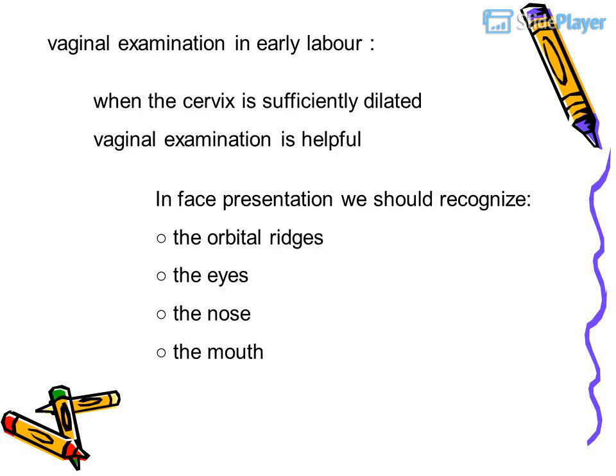Vaginal examination in early labor: when the cervix is sufficiently dilated, vaginal examination is helpful. In face presentation we should recognize the orbital ridges, the eyes, the nose, and the mouth.